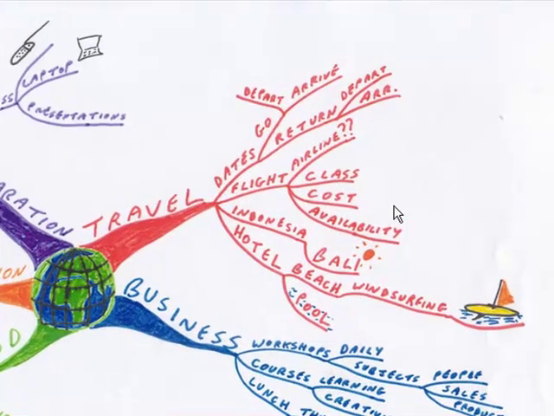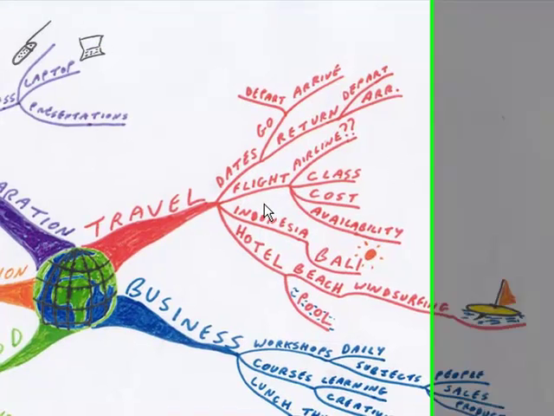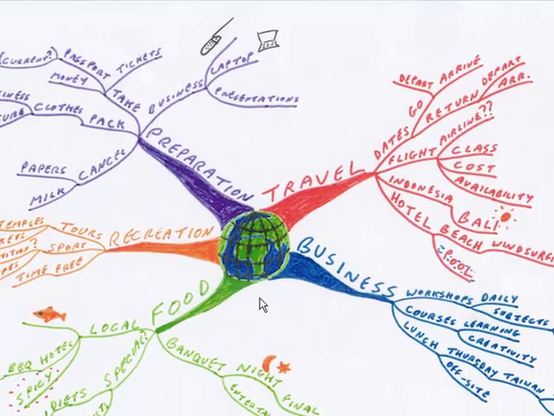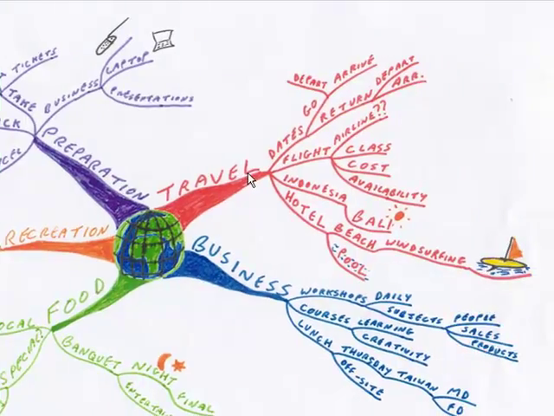Each of these and all the subsequent branches are a different color. The key points of structure are that we're writing along the top of the lines. So having attached these thick organic central branches that represent our main topics up to our central image, we're then writing along the lines.